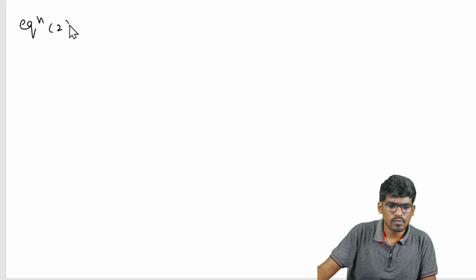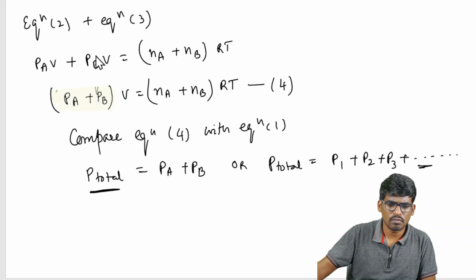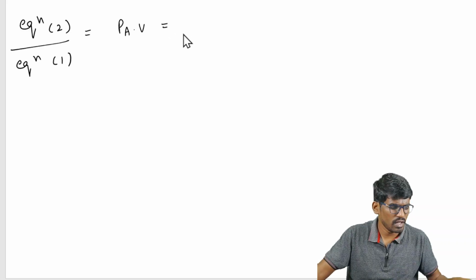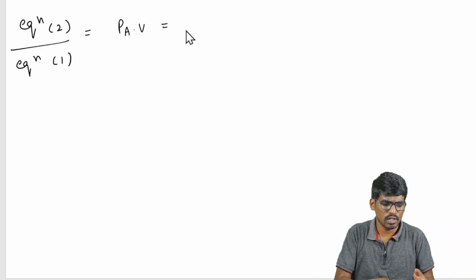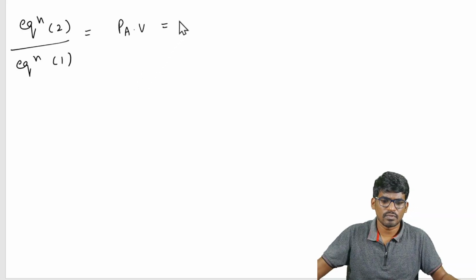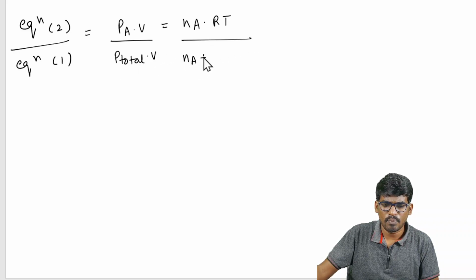Equation 2 upon equation 1, you do it. Equation 2 is this one, right? So PA into V is equal to Na into RT, upon this one, P total into V equals Na plus Nb into RT.